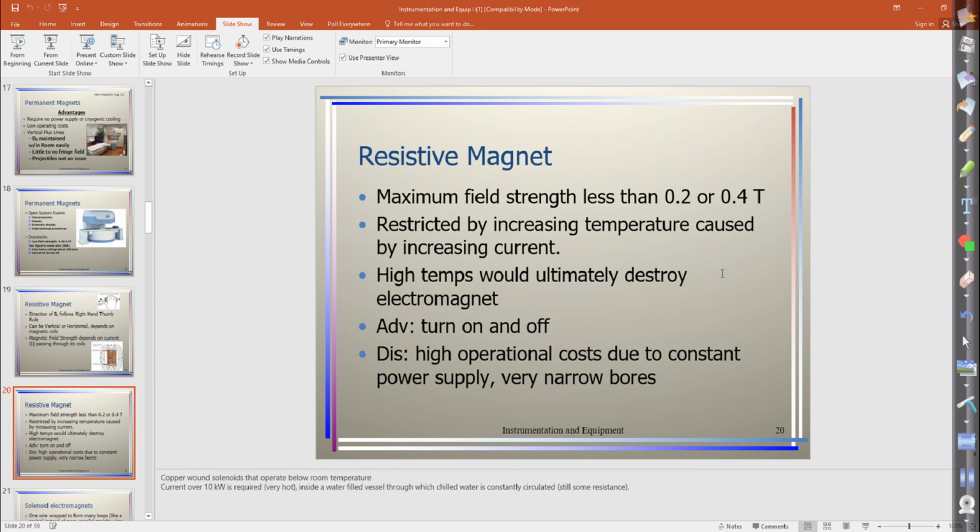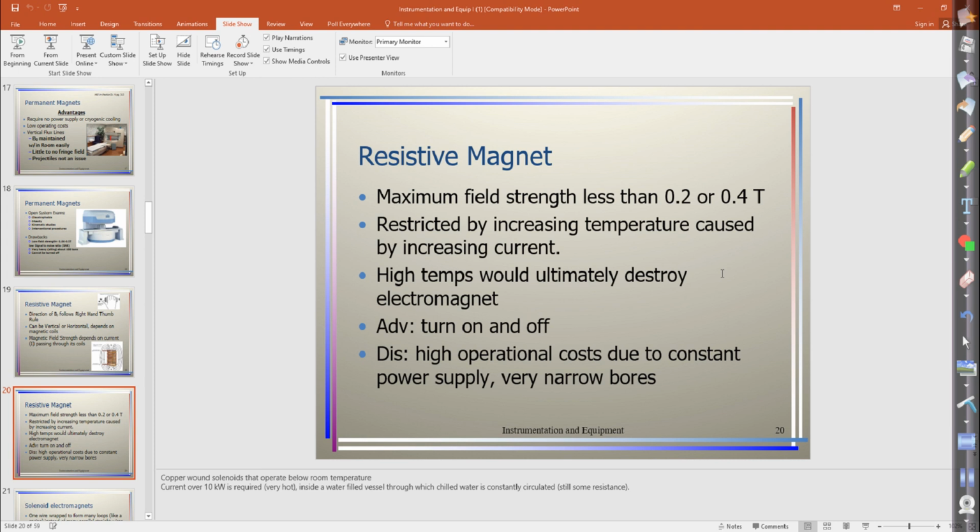Our resistive magnets work the same as our superconducting magnets, but the resistance is still there. We're not putting our coils in the cryostat, which is filled with liquid helium, to reduce that resistance. So we can't get the field strength that we desire, but one cool thing about these magnets is you can turn them on and off.